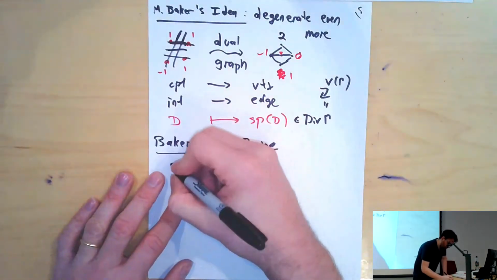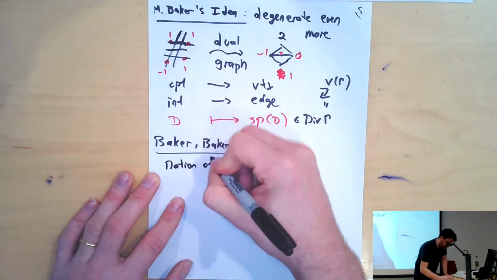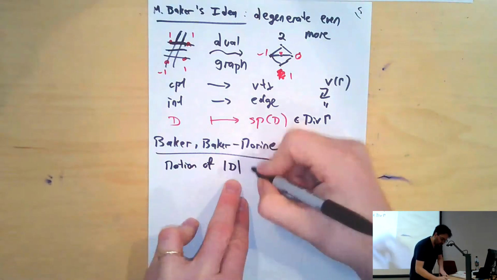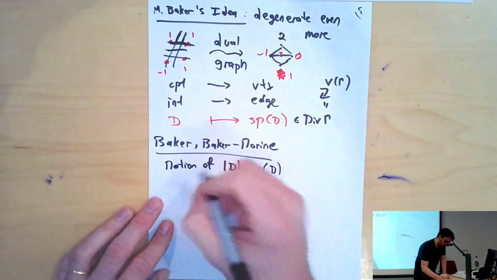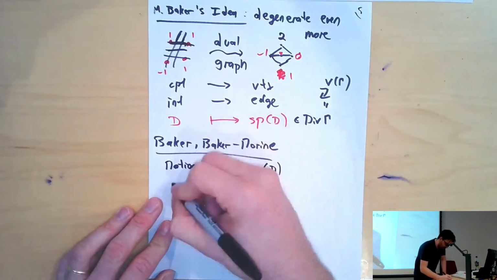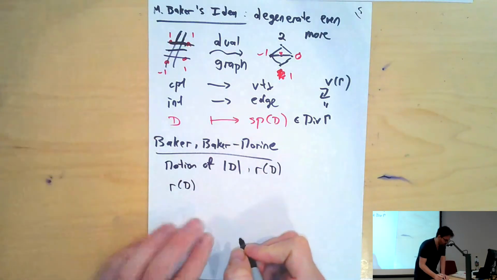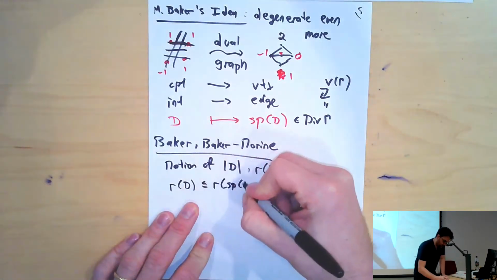So Matt has a notion of linear system, so in particular equivalence of divisors, and a notion of rank. This notion of rank is semi-continuous, so the rank of D on the geometry side can only grow when you specialize.